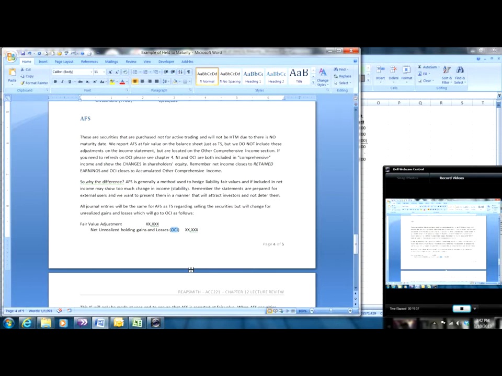And that just kind of makes sense, because now we would actually reverse that entire entry. So whatever's sitting in our unrealized for that investment, we will reverse the entire thing out. And then at the point of sale, we will actually book the realized gains and losses for this security.